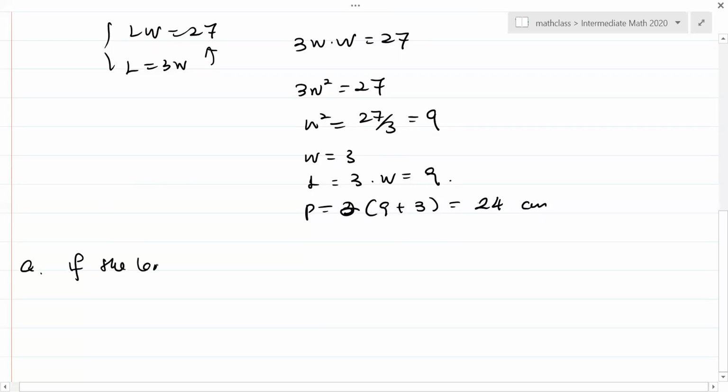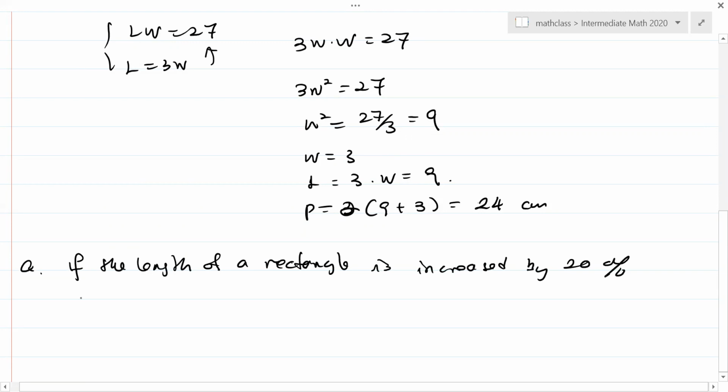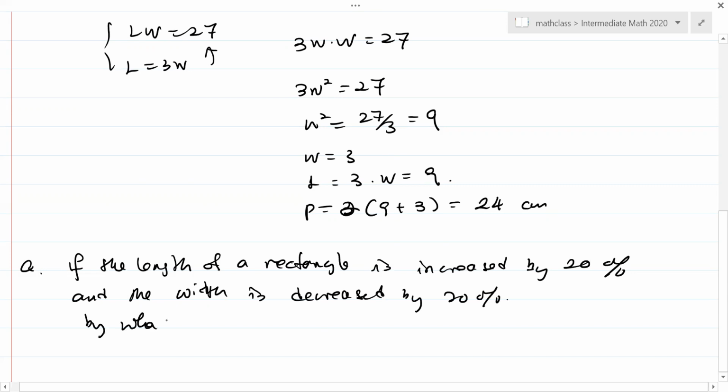So if the length of a rectangle is increased by 20%, and the width is decreased by 20%, my question is, by what percent is the area changed?